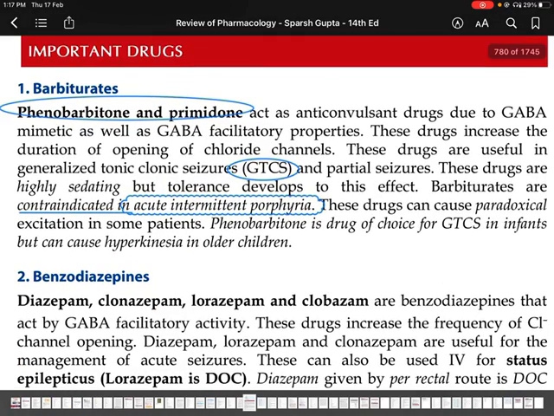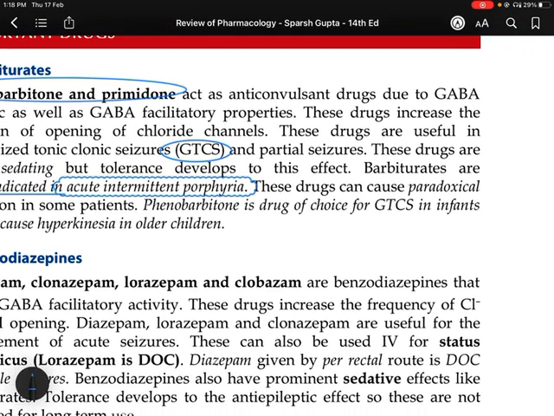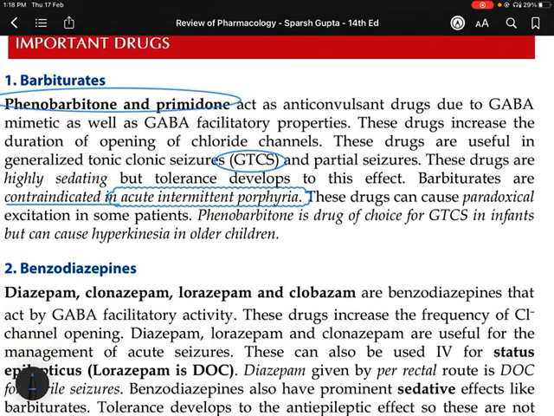It's a rate-limiting step and that is actually inhibited. So it keeps producing porphyrins. That's why it's contraindicated in acute intermittent porphyria.